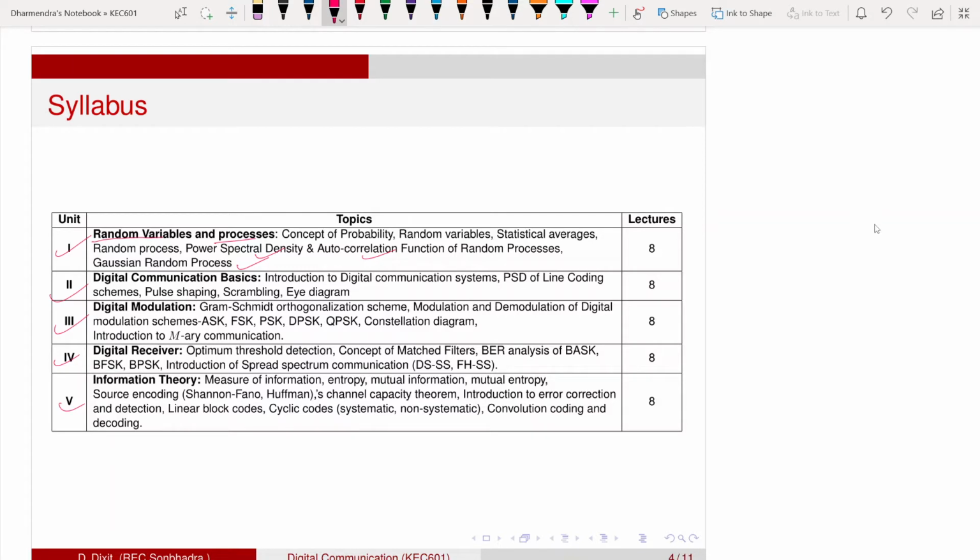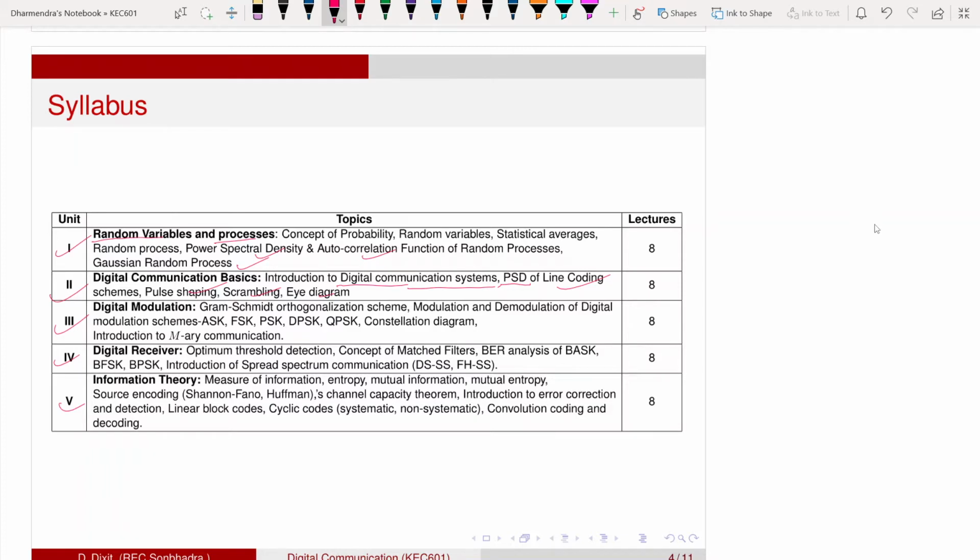In the second unit, we'll discuss the introduction to the digital communication system, basically the elements of digital communication, and then the PSD, power spectral density, of line code schemes, pulse shaping, scrambling, and eye diagrams. In the third unit, we will discuss digital modulation.